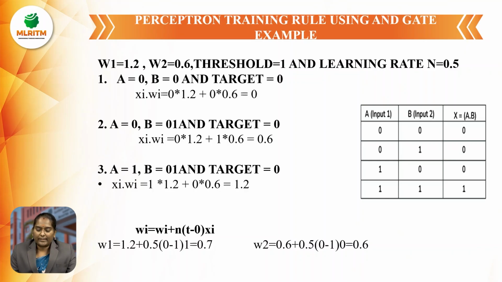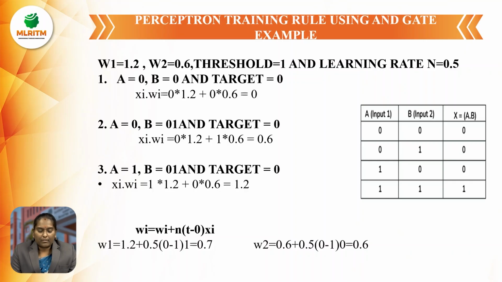First, we have to calculate the actual output and target output. If the actual output is equal to the target output, then the condition is satisfied. If the actual output is not equal to the target output, we have to modify the weights.